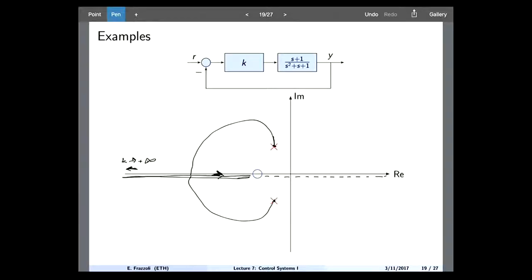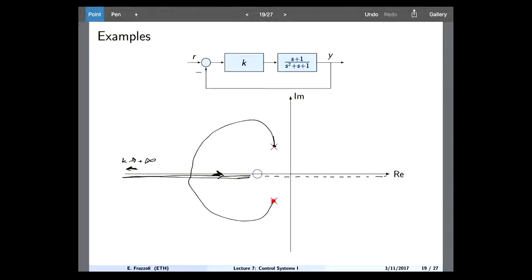See, this is all the points where the closed loop poles may be for some values of k, right? So we know that for k equal to 0, one of the closed loop poles will be here, the other closed loop pole will be here.